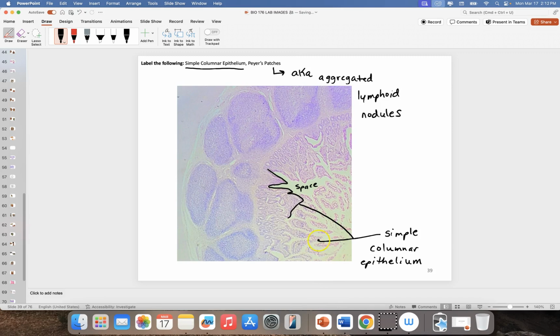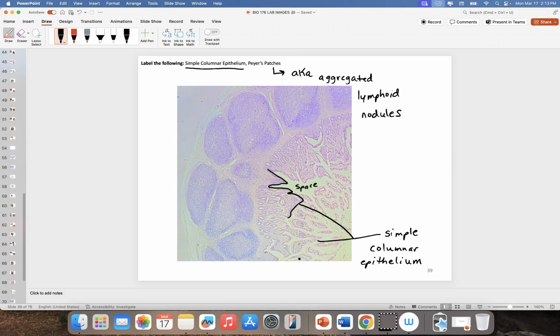We can note goblet cells. That's another clue that this tissue is going to be that simple columnar epithelial tissue that's associated with the small intestines. What we can also see are the Peyer's patches or aggregated lymphoid nodules.